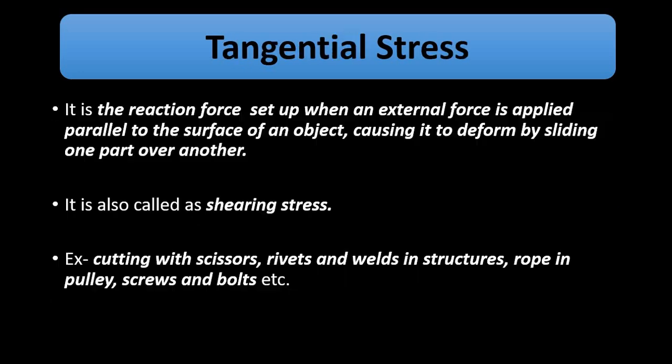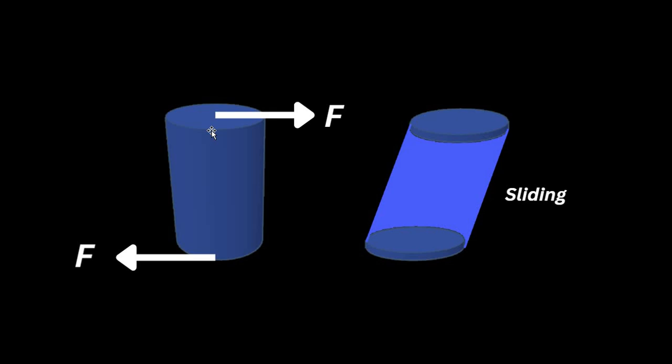Tangential stress is basically the internal reaction to the externally applied force which acts parallel to the surface. Let's say this surface has a cross-sectional area A, these two surfaces. The externally applied force acts parallel, and this causes sliding of one face over the other, and this causes bending of the material, and this bending angle is the resultant strain.